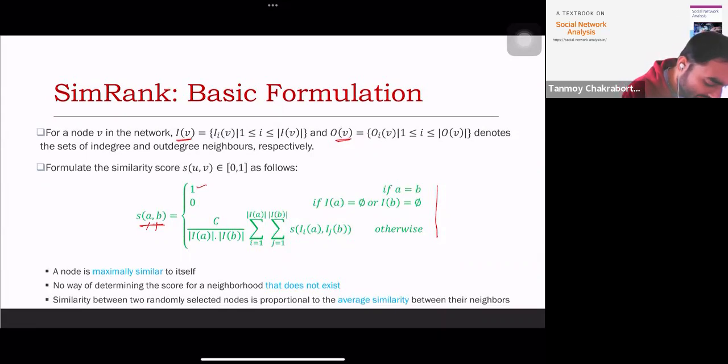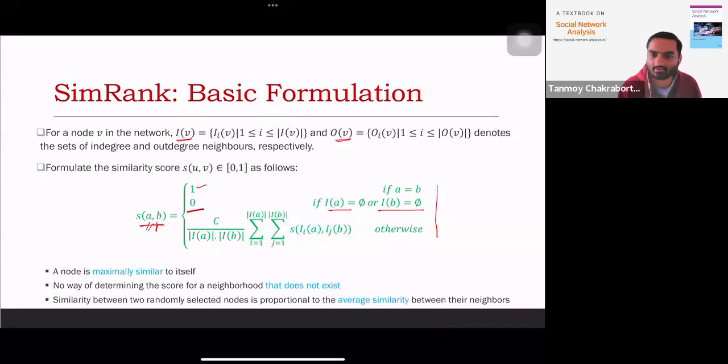If A or B doesn't have any neighbor, meaning A is an isolated node and B has some neighbors, or B is an isolated node and A has some neighbors, or both are isolated nodes, then the similarity is 0. It is again obvious. So these are two corner cases.